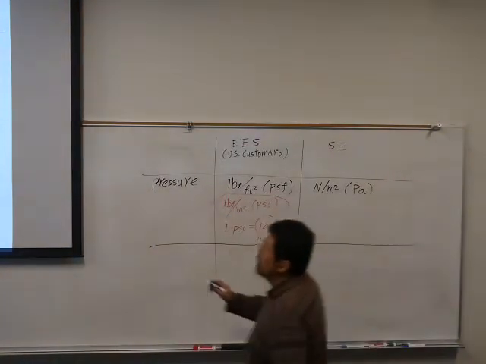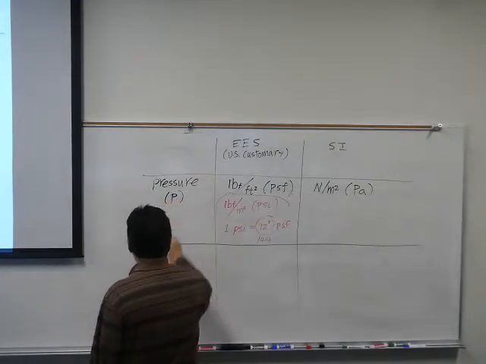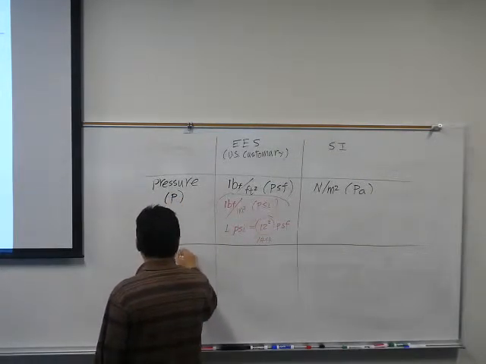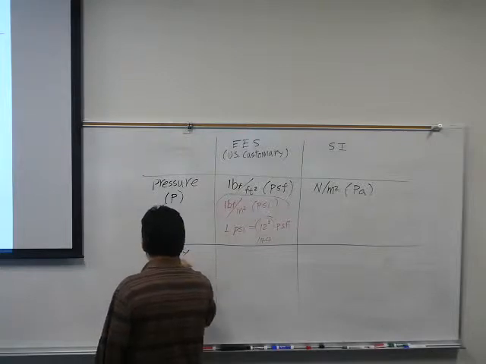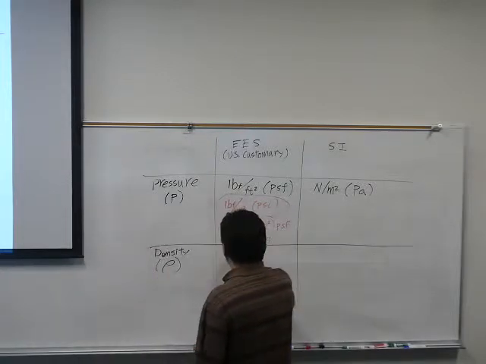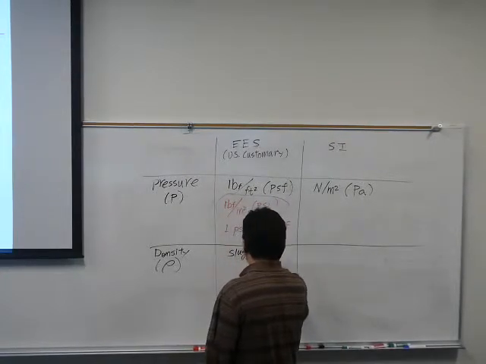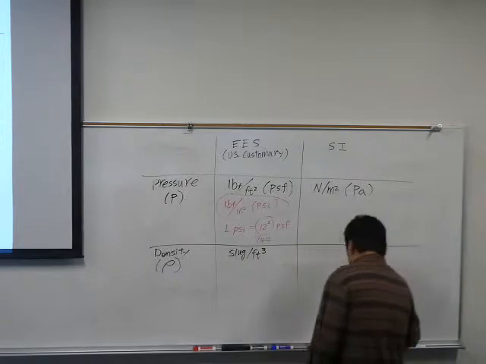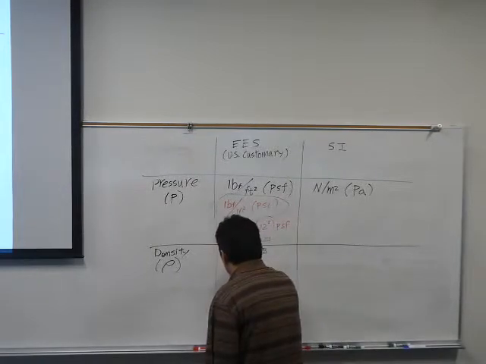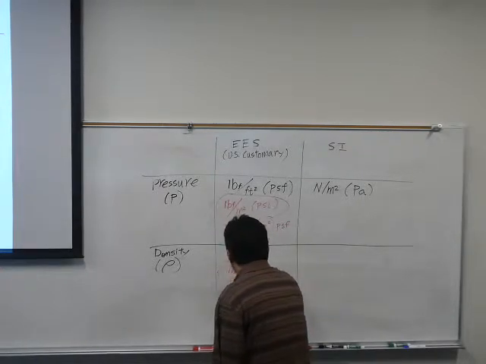Here, density. Density is rho, Greek lowercase. Standard unit is of course slugs per cubic foot. Now in typical thermodynamics, this is oftentimes given by pound mass per inch cube, which is a horrible non-standard unit.